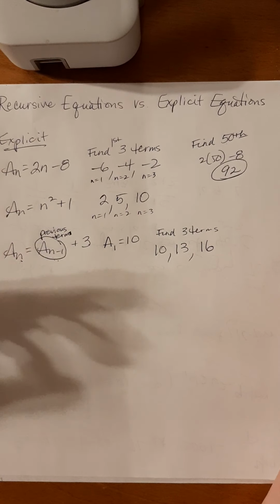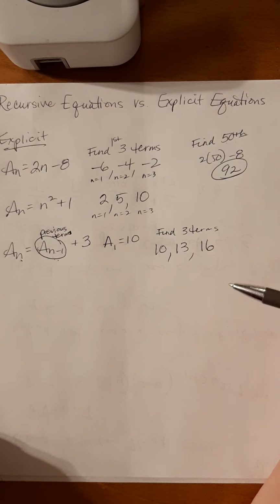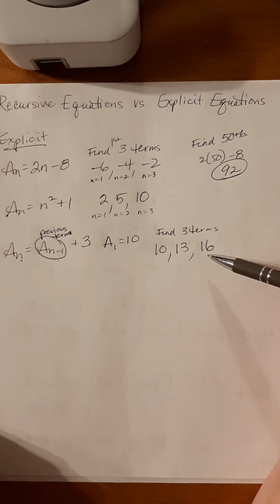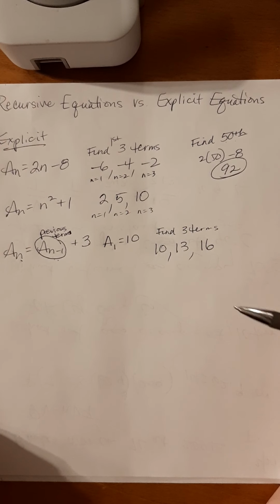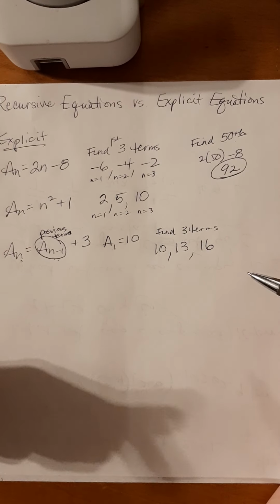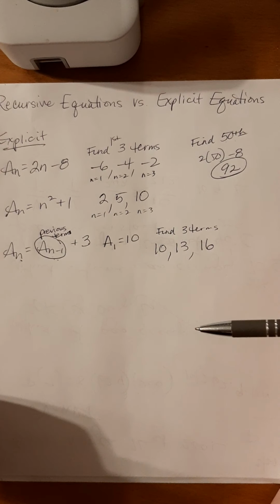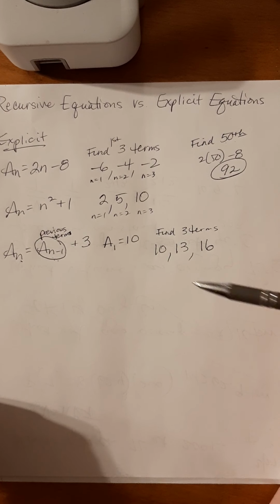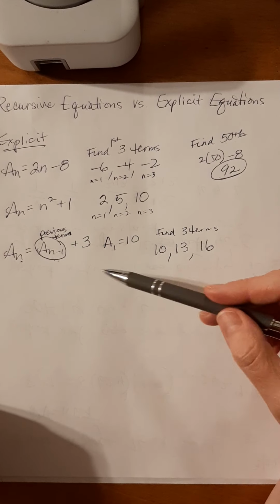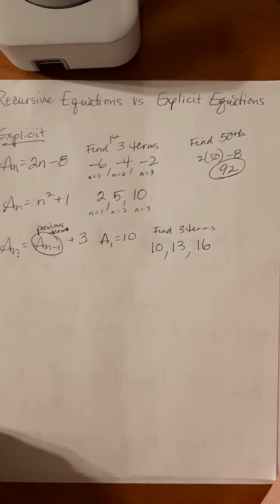Well, yeah, that's all you're doing. But see, the trouble is, let's say we wanted the 50th term. We're going to have to find the 49 terms ahead of it to find it. Or technically, we could make up an explicit formula on our own and go from there. But without doing that, there's no easy way to do it, where this is just, oh, plug in a formula.